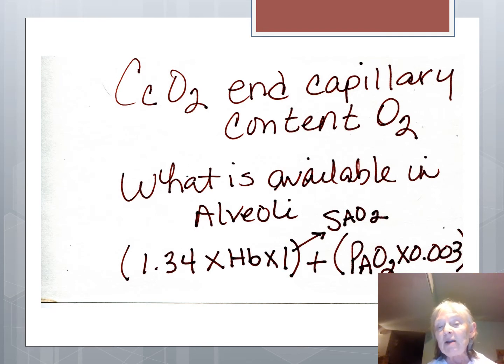Then we have to remember to use the P big AO2, since we're talking about alveolar oxygen, times the 0.003. This is actually one of the areas that we have problems with when we do these formulas, because we forget that the end capillary or the CCO2 is in the alveolar area, okay?